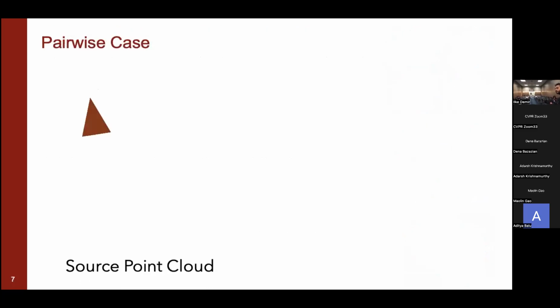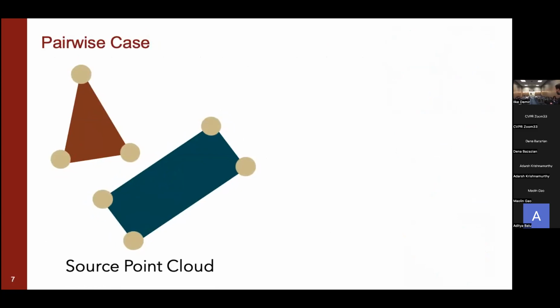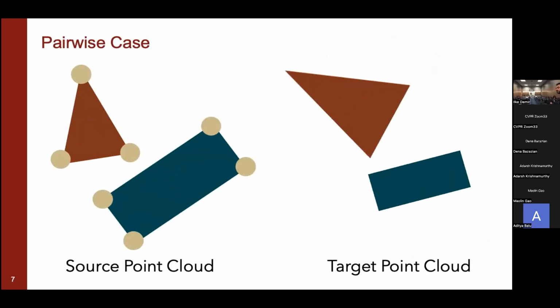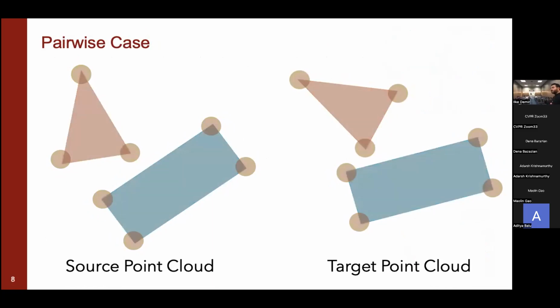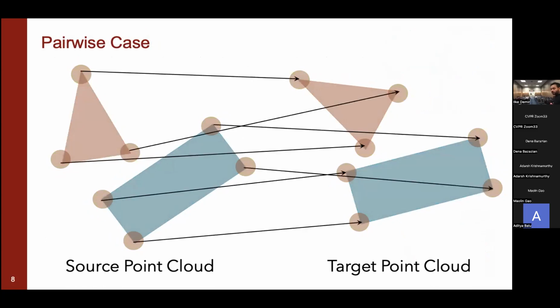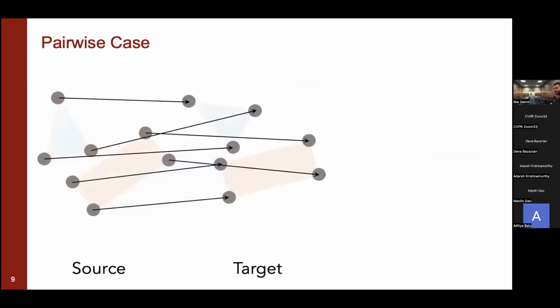Right, so let's begin with the pairwise case. We are given a source point cloud and a target point cloud. Let's say we have 7 vertices here and 2 bodies. Usually, as all the 3D people would know, we associate correspondences. This can be nearest neighbor, in whatever space, or we can do this on features and so on. ICP does that also. But this is not given, it's just the beginning.